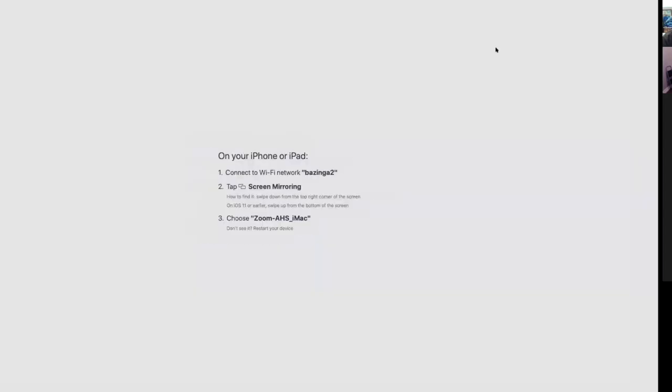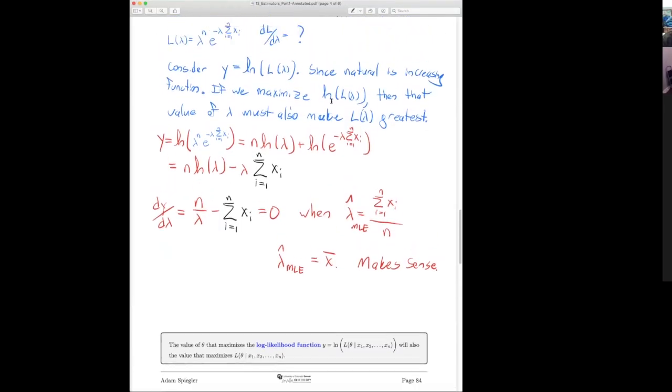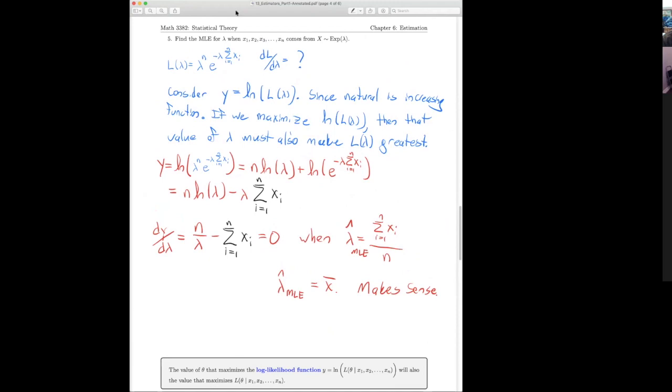We see that, oh no, this seems to be not working, but I have this on my screen, so let me share that. Okay, I had a little bit more work on my version over here, but basically we got down to this point, where we had two possible critical values.